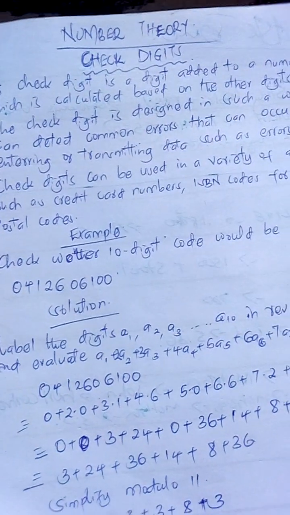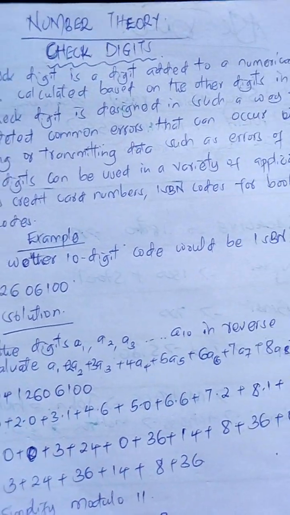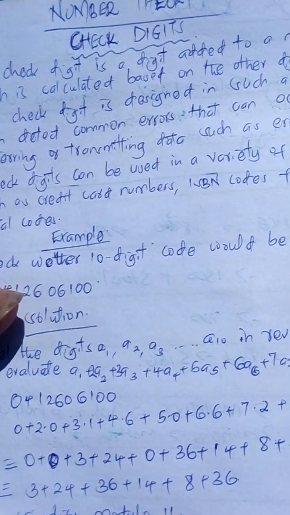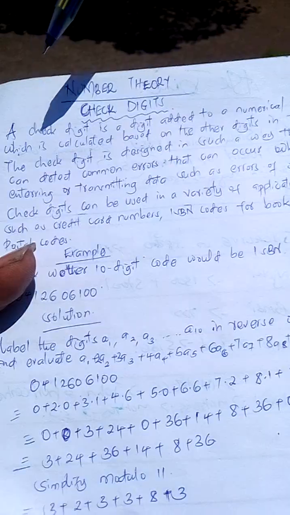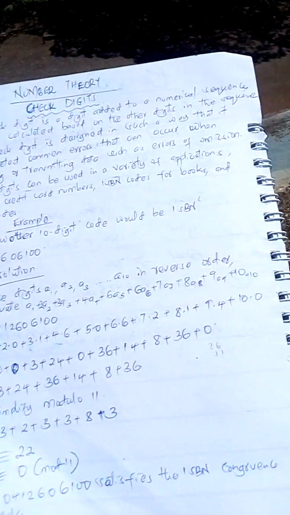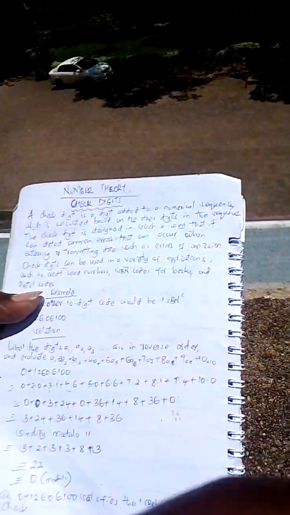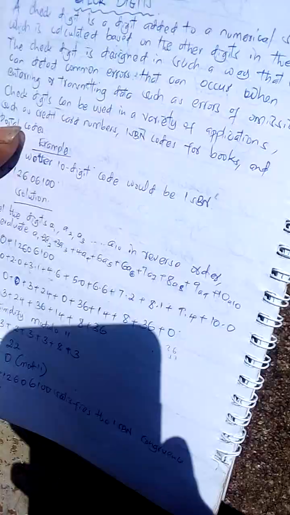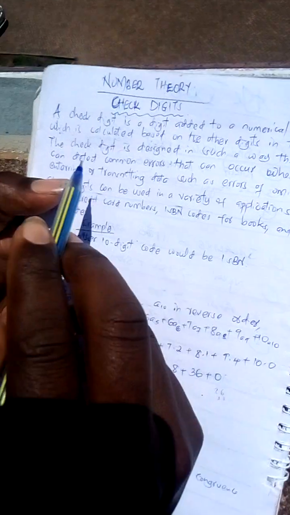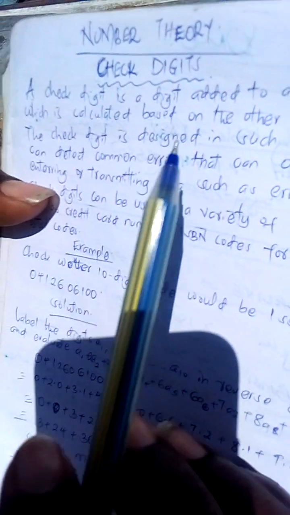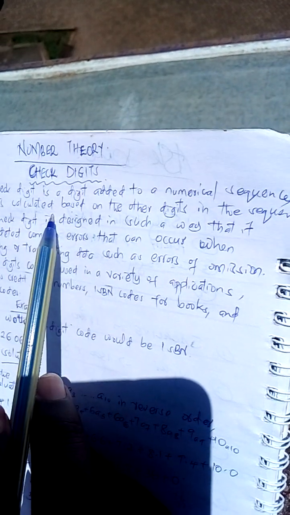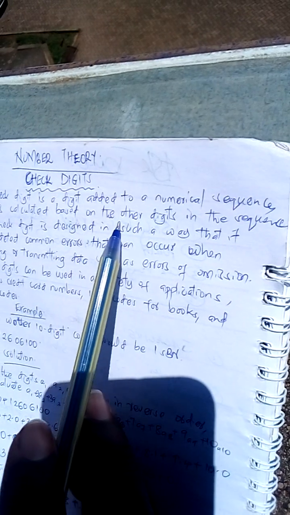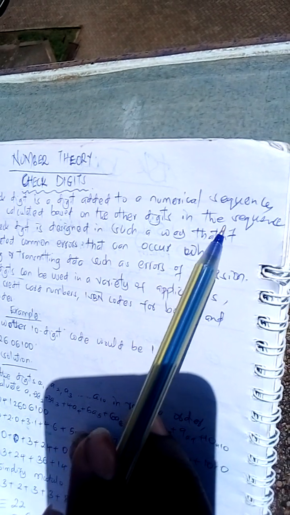So I'll handle this part here on check digits. A check digit is basically a digit added to a numerical sequence, which is calculated based on the other digits in the sequence.